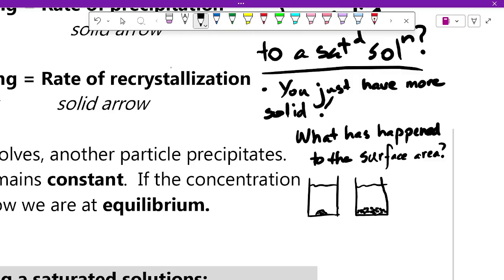What has happened to the surface area if we added more solid? Surface area has increased, decreased, stay the same. Increased. So what has happened to the rate of dissolving? Does it increase, decrease, or stay the same?